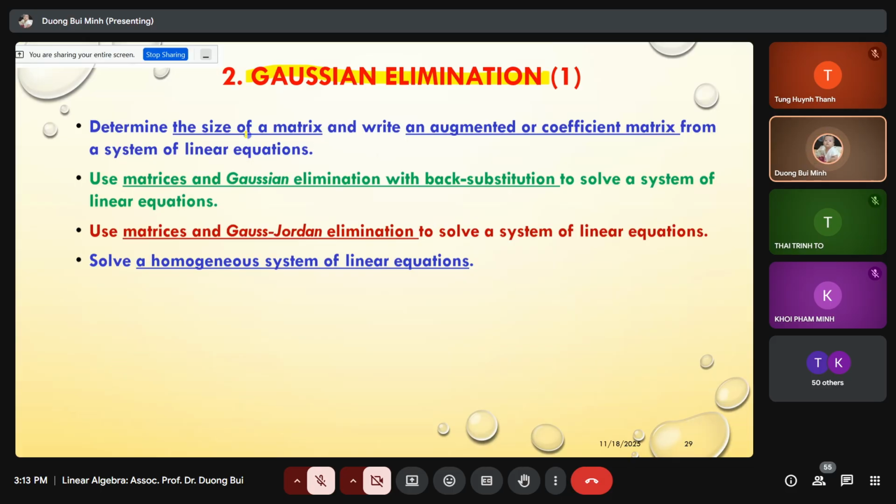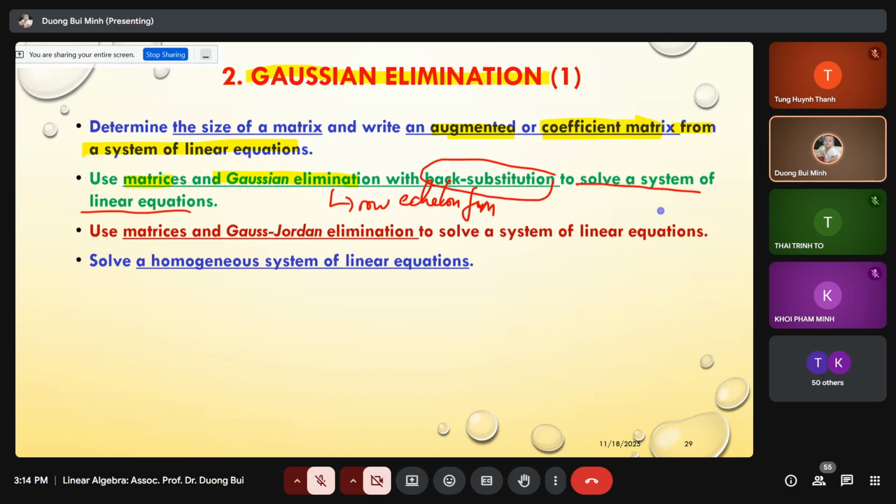Of course we understand what an augmented matrix is and what a coefficient matrix is from a linear system. If we use matrices and Gaussian elimination, we can get the row echelon form. When we get the row echelon form, we can apply back substitution to solve a system of linear equations.